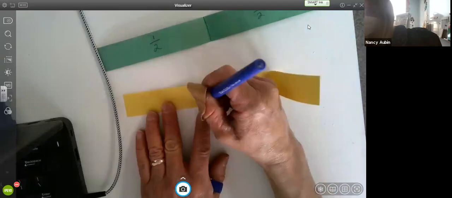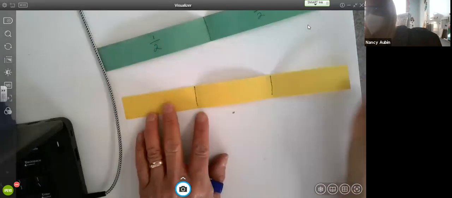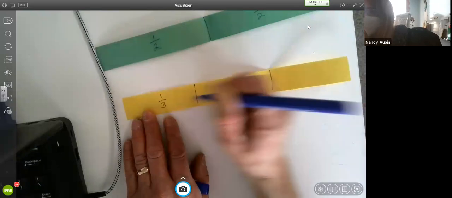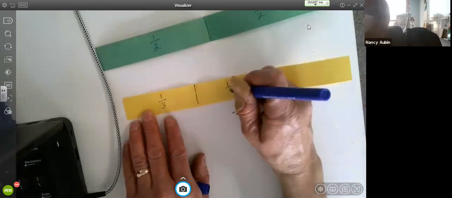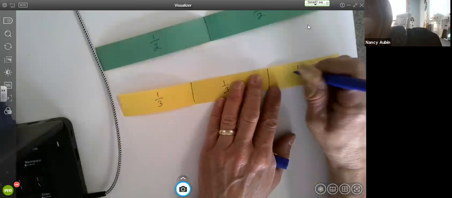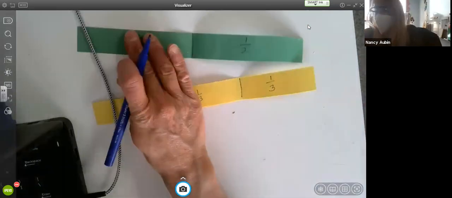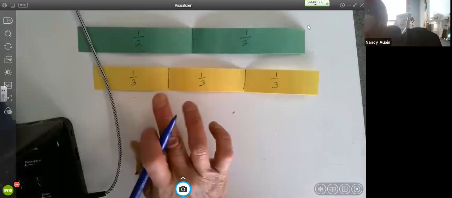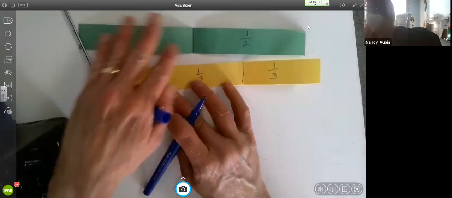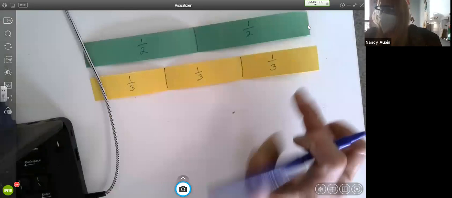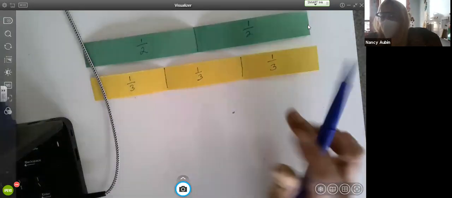Then you're going to draw lines where your folds are, and I bet you already know we're going to label each part with our unit fractions, which would be 1/3. So 1/3 plus 1/3 plus 1/3 would equal how many thirds?